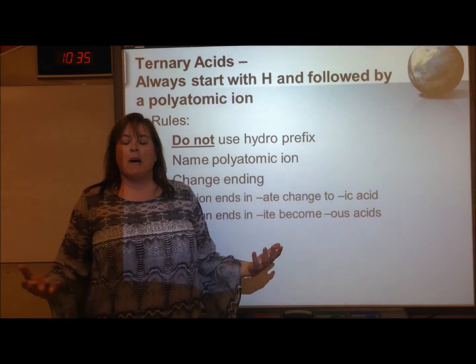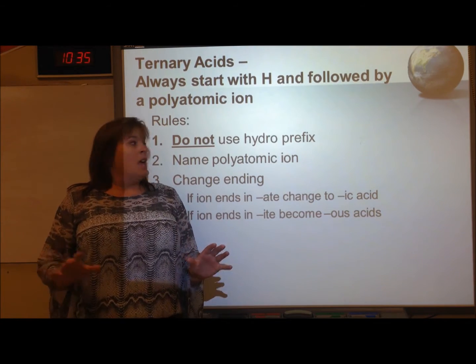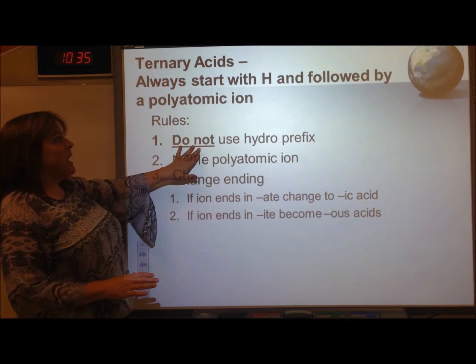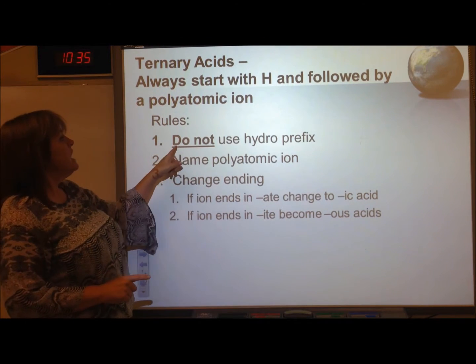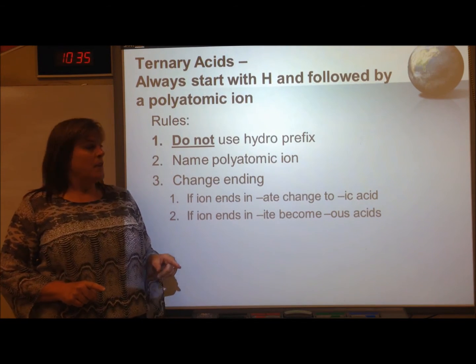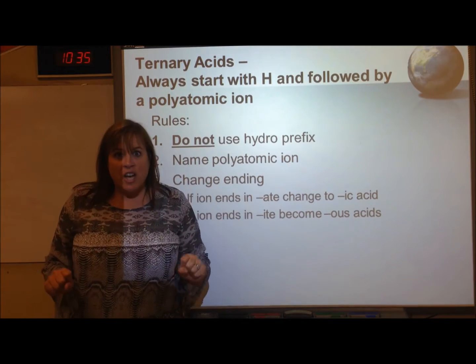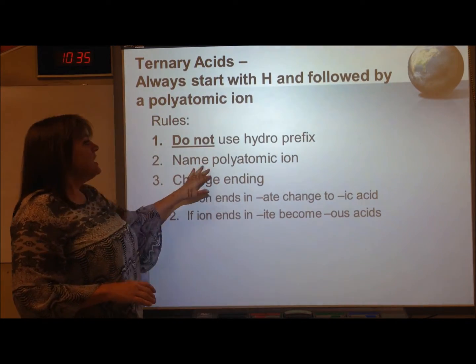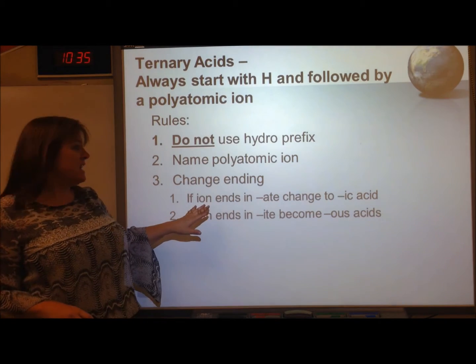What about if it's bound to a polyatomic ion? Well, this is different. If it's bound to a polyatomic ion, and remember you have to recognize those polyatomic ions, you're not going to use the hydro prefix. So what you're going to do is you're not even going to mention hydrogen. You're going to name the polyatomic ion, and you're going to change the ending.